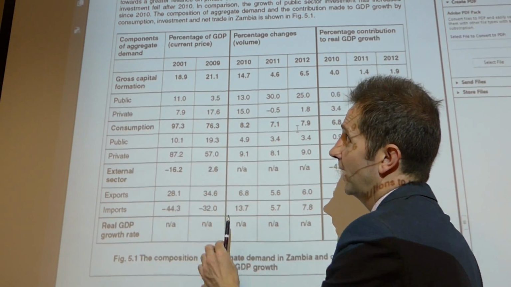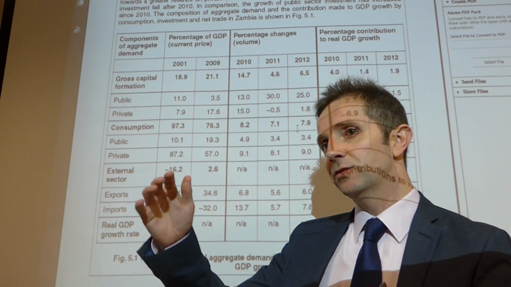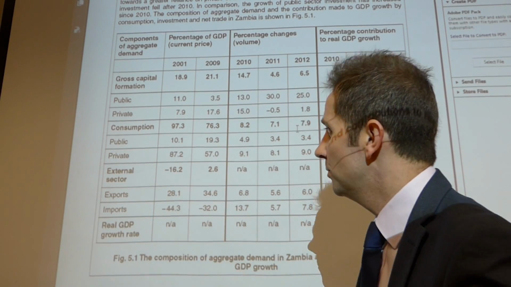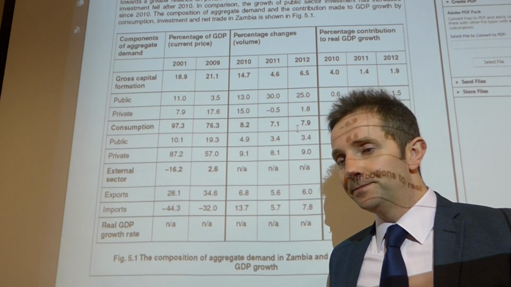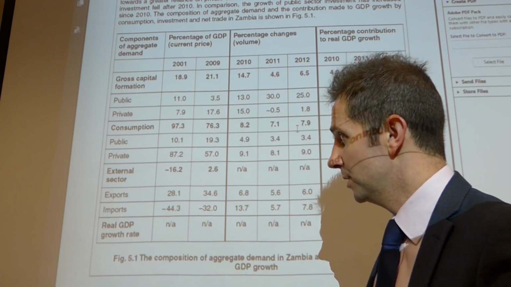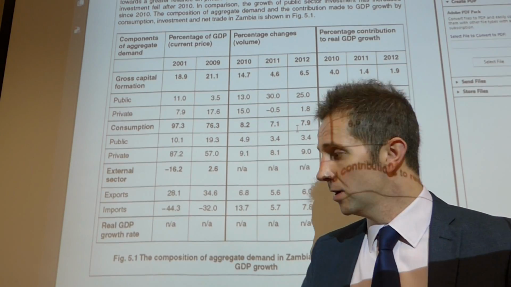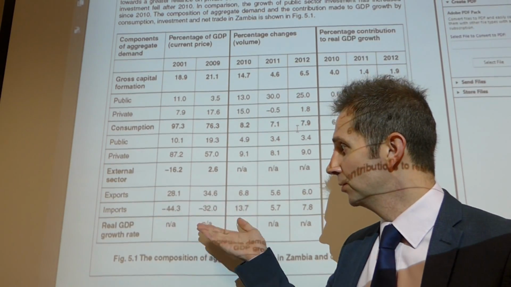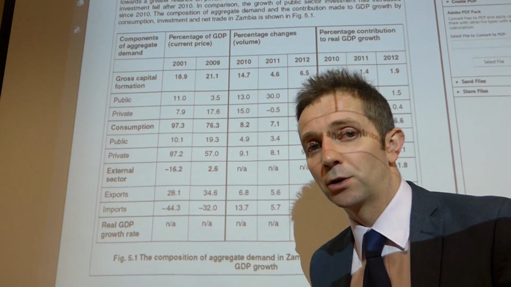But of course, don't forget that 2008, 2009, 2010 and so on will be the time when there has been a very significant boom in the copper industry, and the booming exports of copper will of course have helped to move this into surplus.